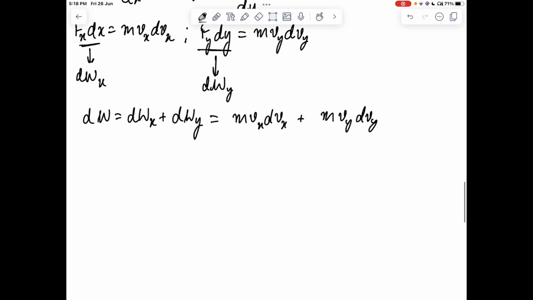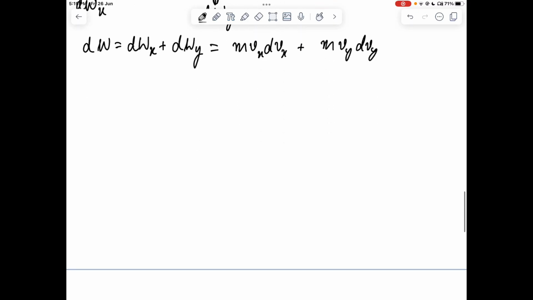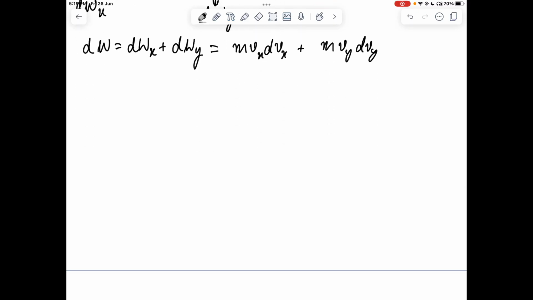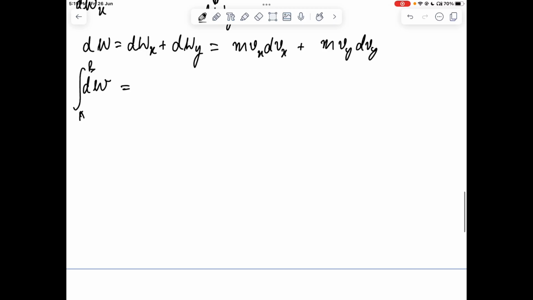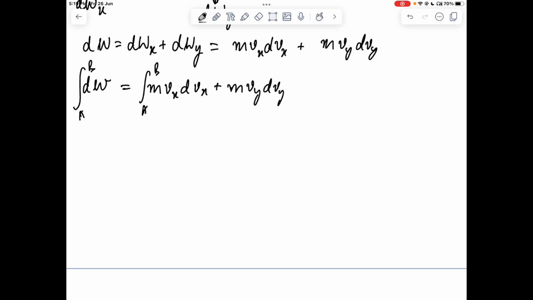Now to get the net work, we would have to integrate that from A to B. So we have the integral of dW from A to B equal to the integral of m vx dvx from A to B plus the integral of m vy dvy from A to B.